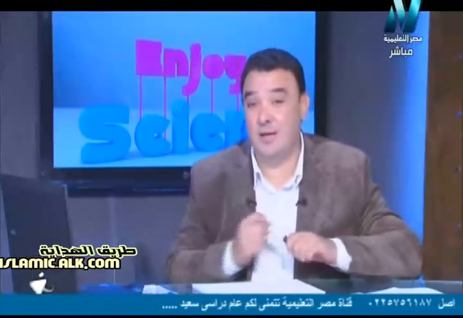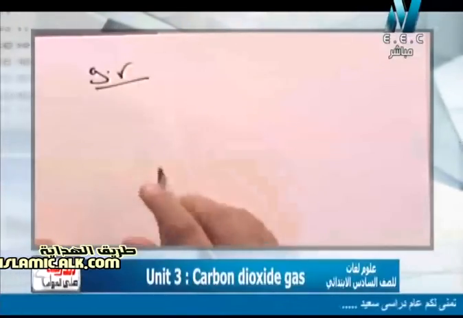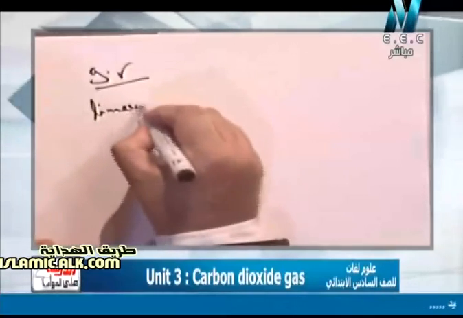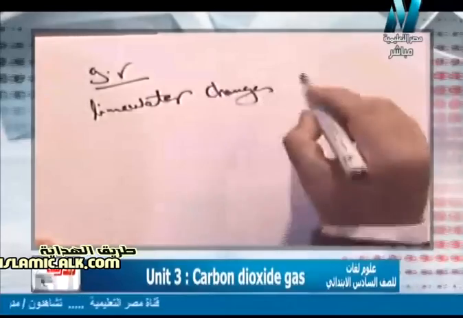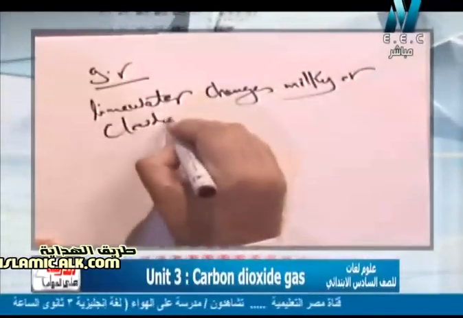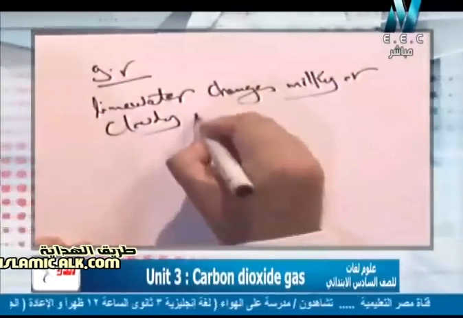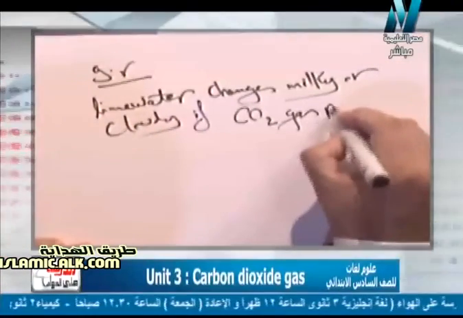So I have a very important give reason now. The question says: give reason. Lime water changes milky or cloudy, both mean the same, milky or cloudy or turbid, if carbon dioxide gas passes through it.